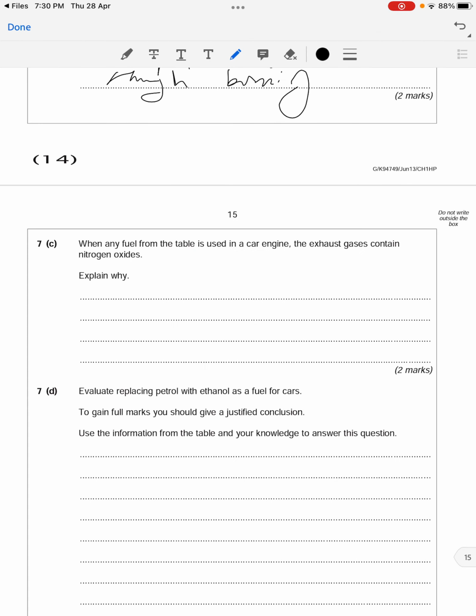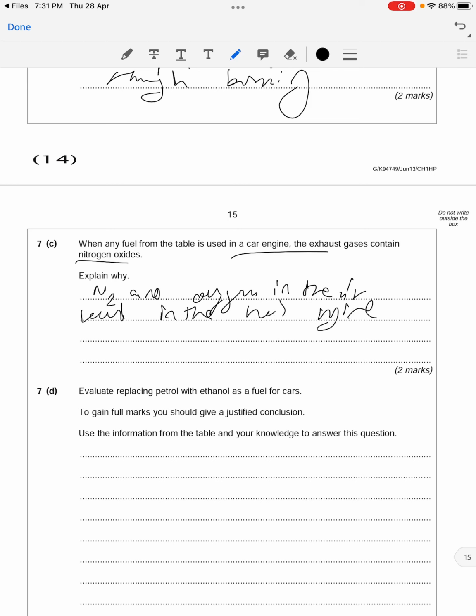Now, when any fuel from the table is used in a car engine, the exhaust gases contain nitrogen oxides. Explain why. They contain nitrogen oxides because N2, that's nitrogen, and oxygen are in the air, and they react in the hot engine at high temperatures.